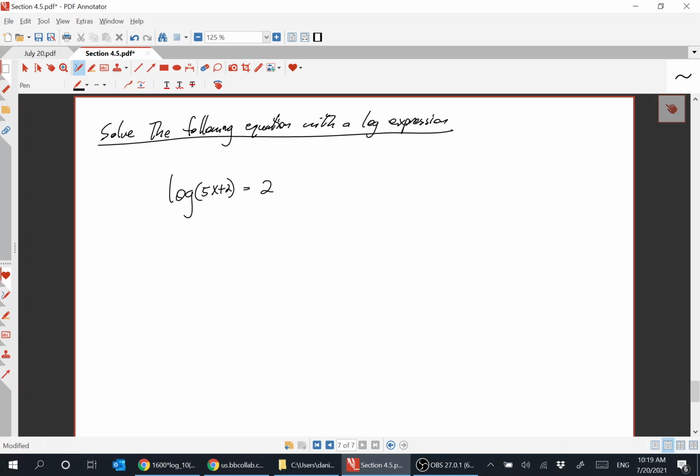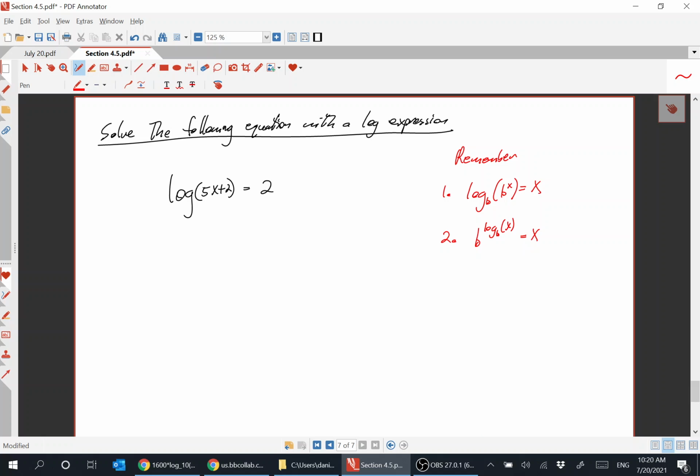Okay, so remember, log base b of b to the x is equal to x, and b to the log base b of x is equal to x.